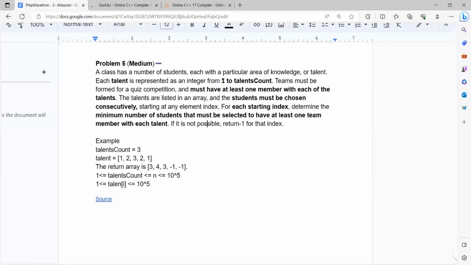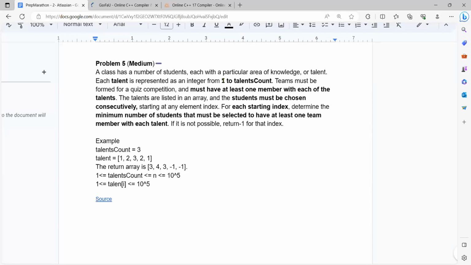The team must be formed for a quiz competition, and must have at least one member from each of the talents. So every variety of talent you should take. The talents are listed in an array and the students must be chosen consecutively. So it is like a subarray.